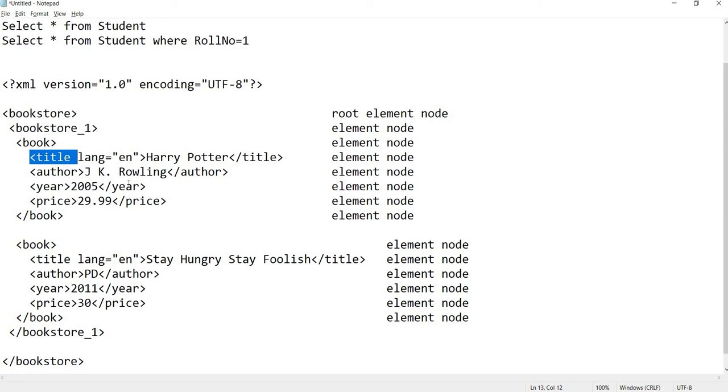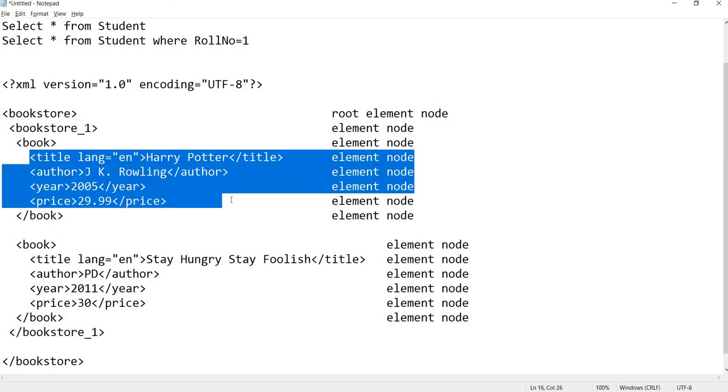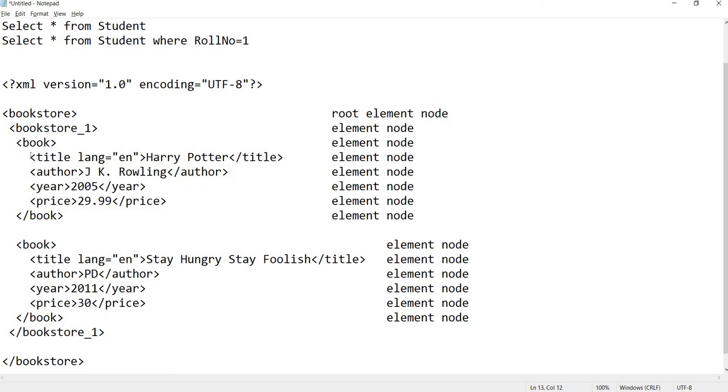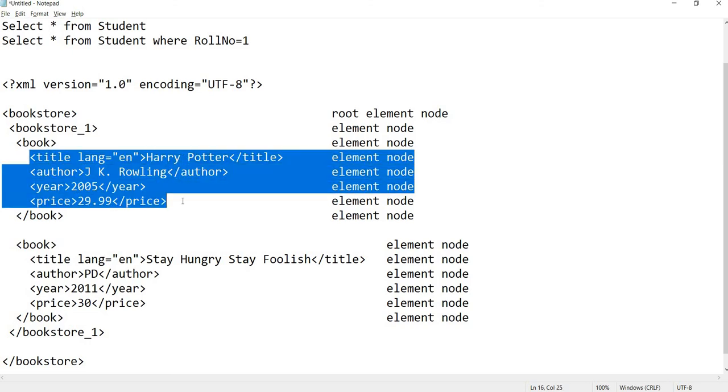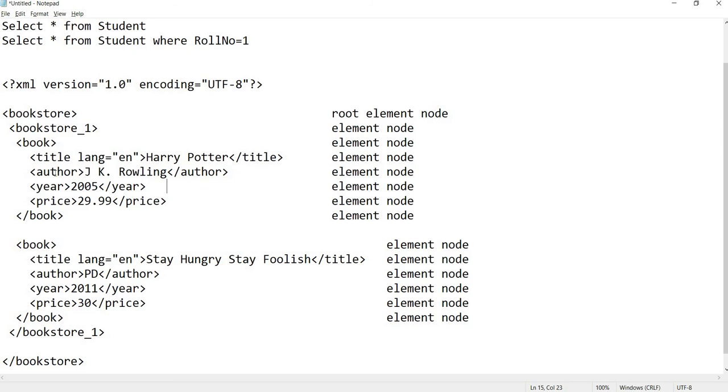So very, very important. Now let's talk about the sibling relationship. Now this book element contains these four elements. So they are having the same parent, isn't it? All these four are having book as their parent. So they are the children of the same parent. So what do they become of each other? They become siblings of each other. Now let's talk about this author.